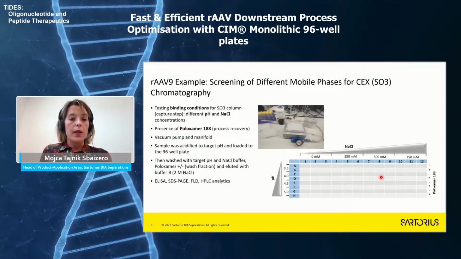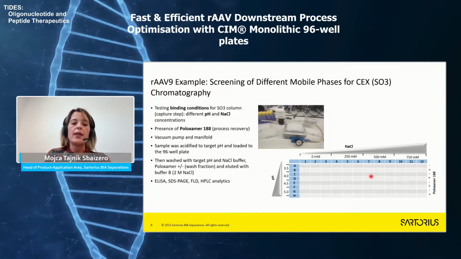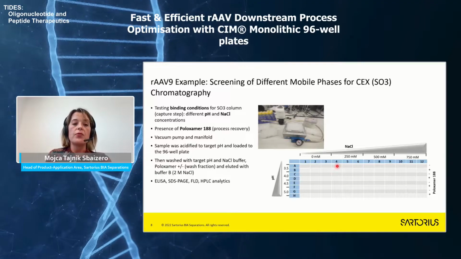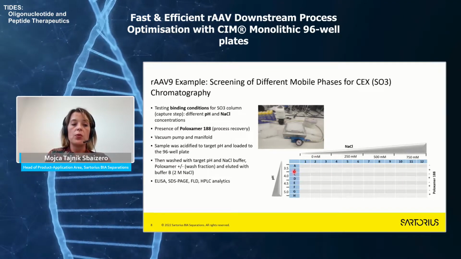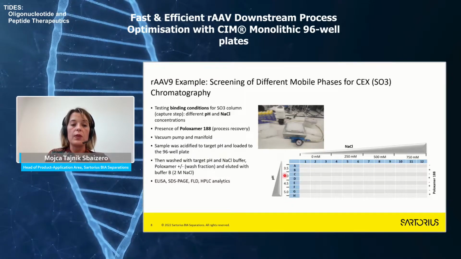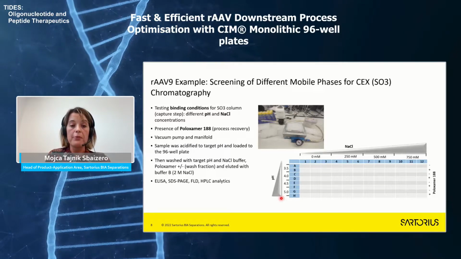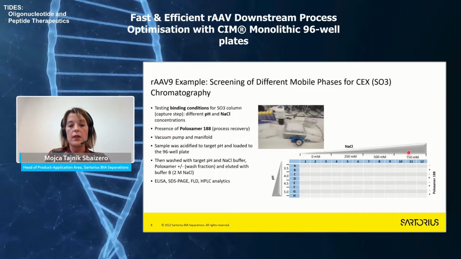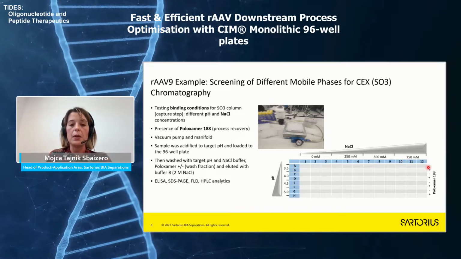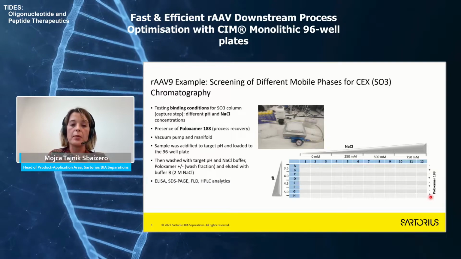Our experiment was designed to define the binding conditions for AAV9. We tested four pH values: pH 3.5, 4, 4.5, and 5, and four different salt concentrations, from 0 to 750 millimolar, as well as the presence of poloxamer.